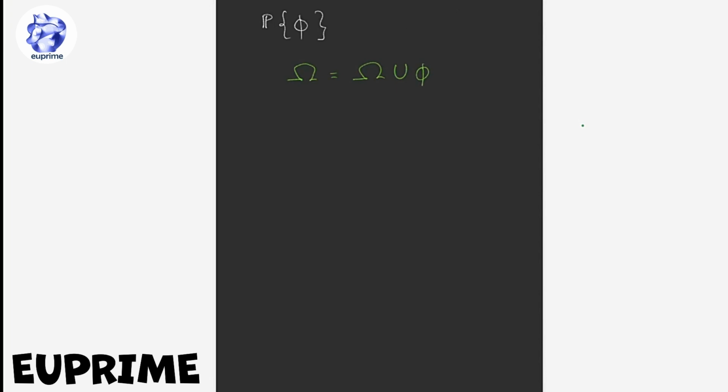And we know the probability of omega is 1. Given this, the probability of omega union phi is 1. So the probability of the null set is 0.